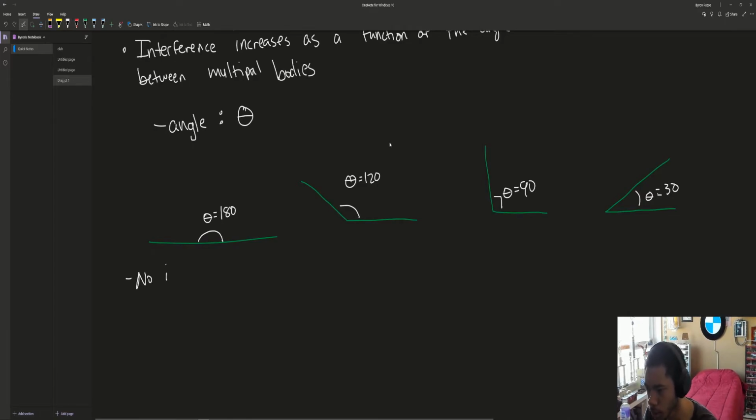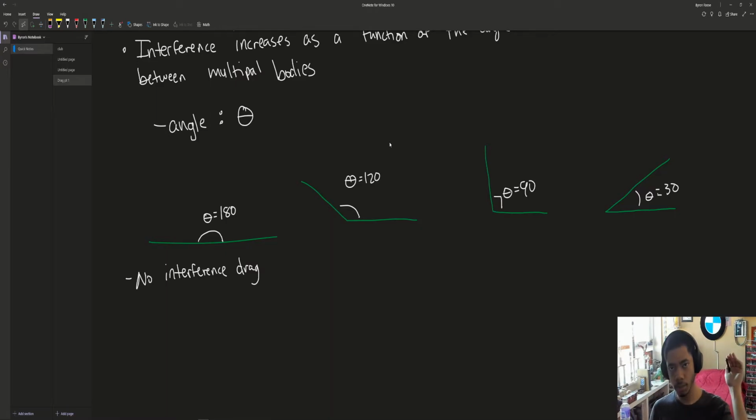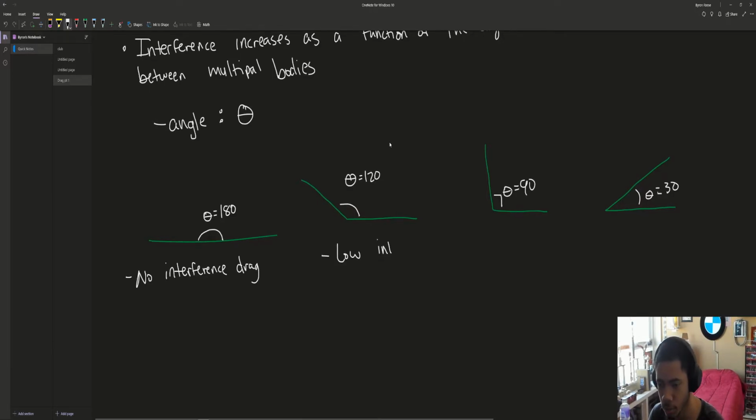Here, no interference, because the two bodies are in the same plane as each other, and therefore the flow can stay constant. Essentially a wing. At 120, think of it like flying wings or something. Probably not even that much, honestly. You're going to have low interference drag, relatively speaking.